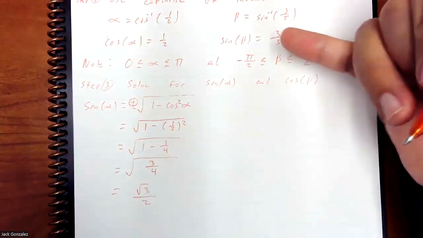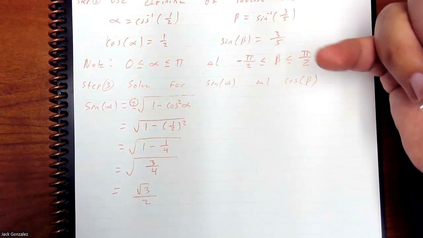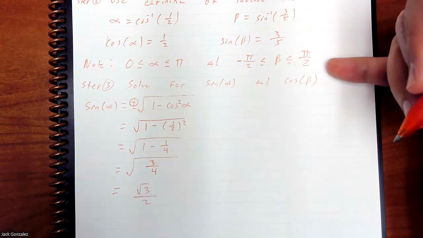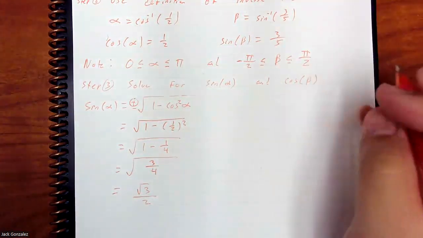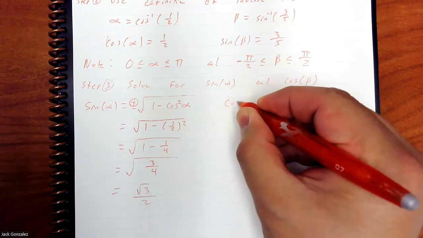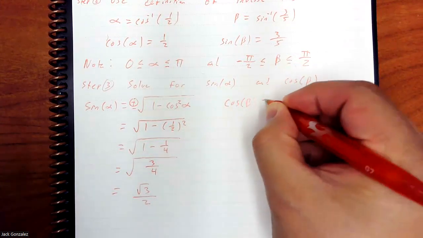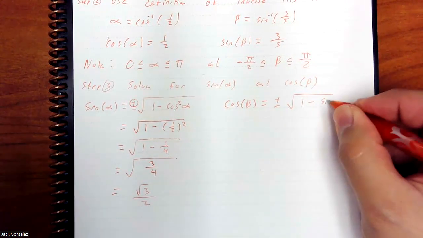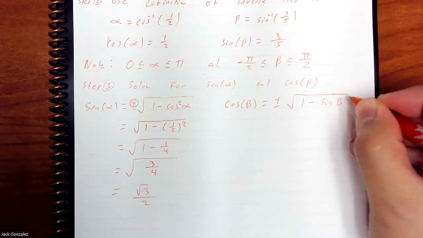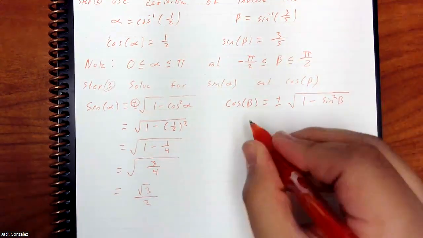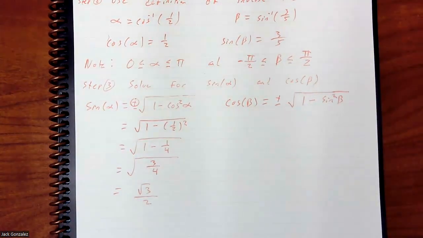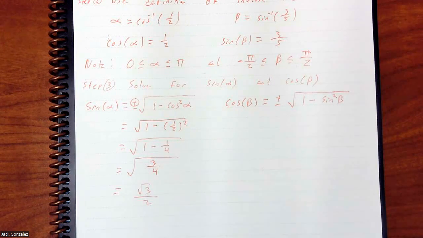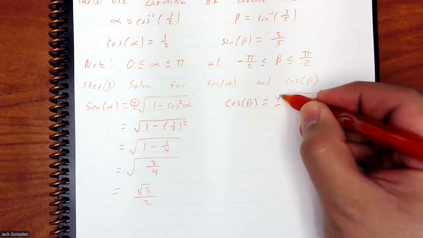Okay, so now we said cosine beta, right? So cosine beta is equal to plus or minus the square root of 1 minus sine beta squared. So beta is on the right half, so cosine would be positive as well.